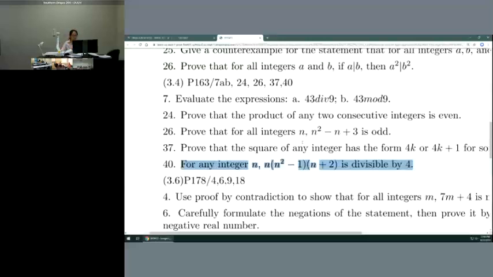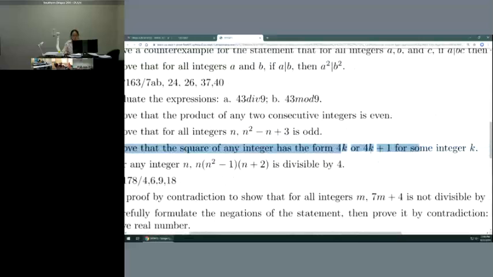So now I'm going to do a question kind of similar to number 37. Prove the square of any integer has the form 4k or 4k plus 1. So I am going to do an example from the textbook, example 3, which is on page 162, theorem 3.4.3.